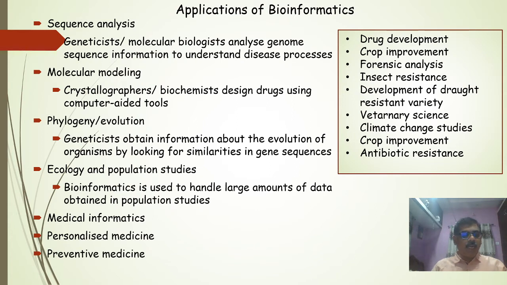Then medical informatics, personalized medicine, preventive medicine, development of drugs, crop improvement, forensic analysis, insect resistance, development of drought resistant varieties, veterinary science, climate change studies, and antibiotic resistant organisms. All these are the applications or uses of bioinformatics in the life sciences.